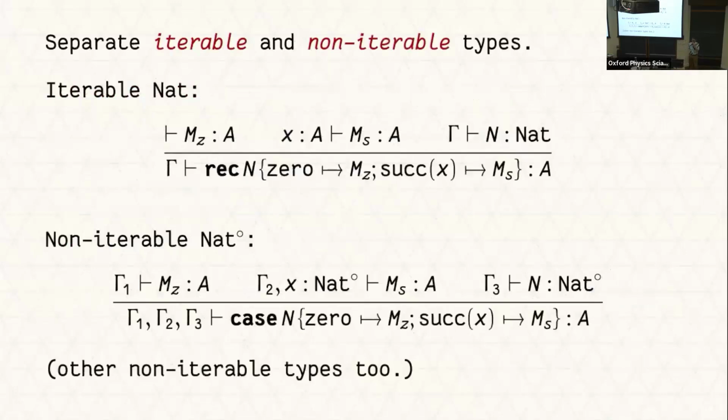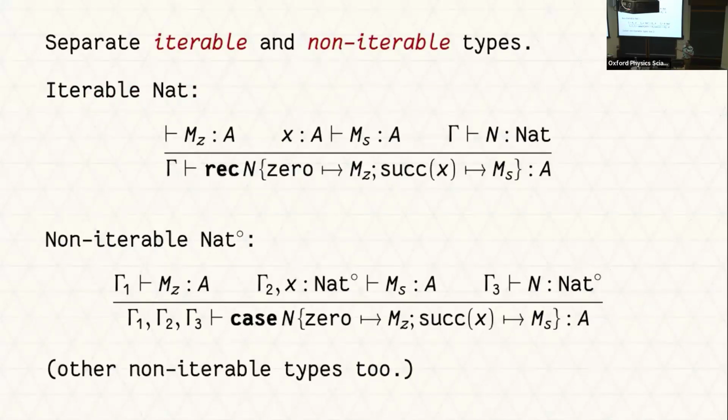So one idea is to separate iterable and non-iterable types. I'm going to have a type of iterable natural numbers, and we're allowed to construct A's by iteration over them. And notice, because we're linear, in the 0 case, there's nothing in the context.